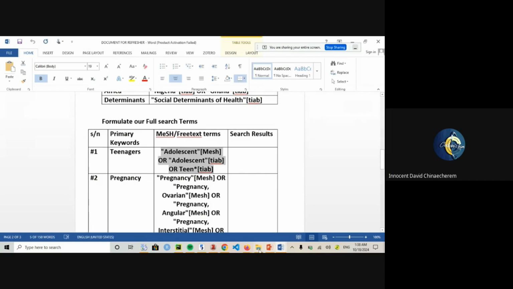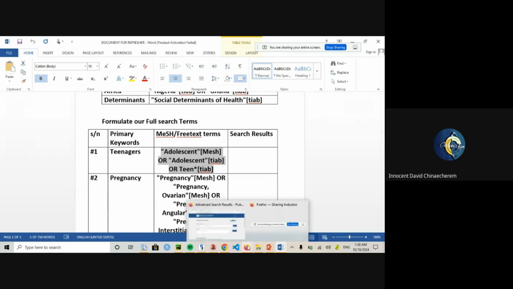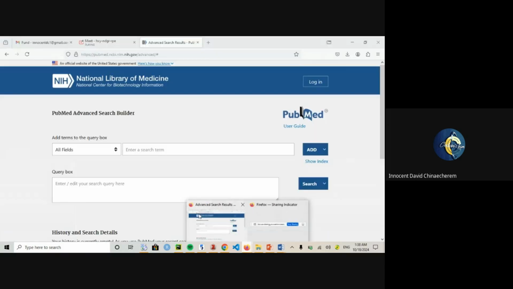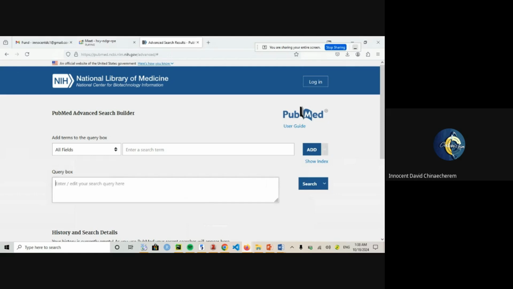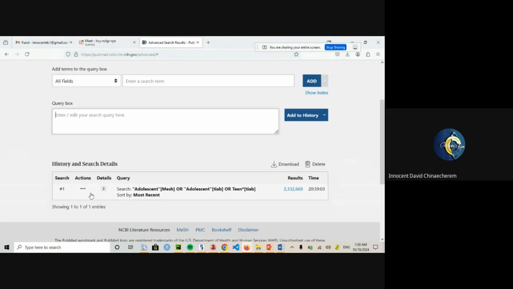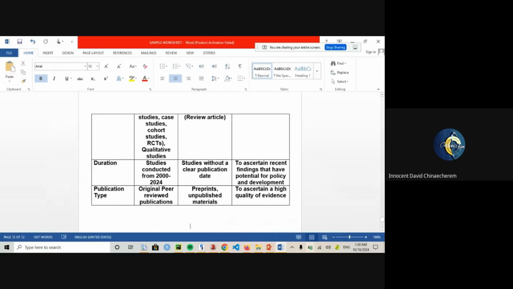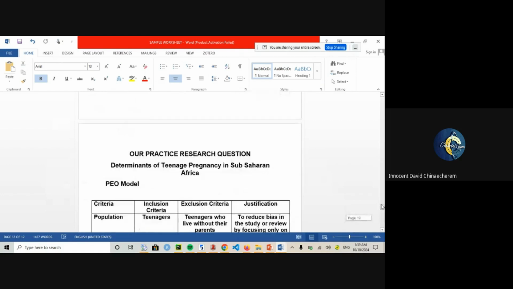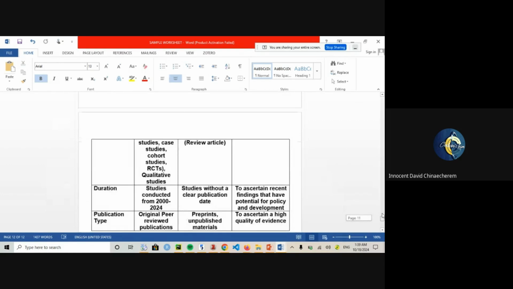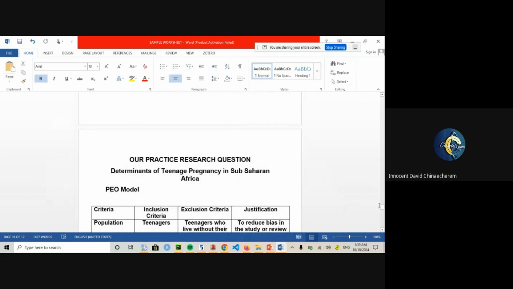Remember, I'll put this, so add that to history. That's the first one. Remember that we're working on our title, which is determinants of teenage pregnancy in sub-Saharan Africa.